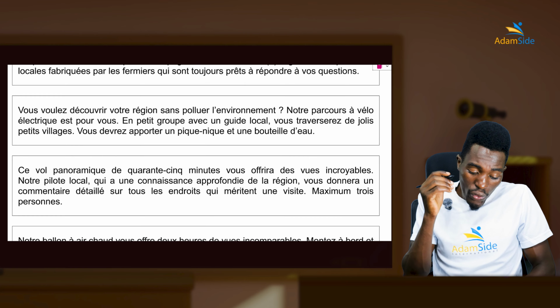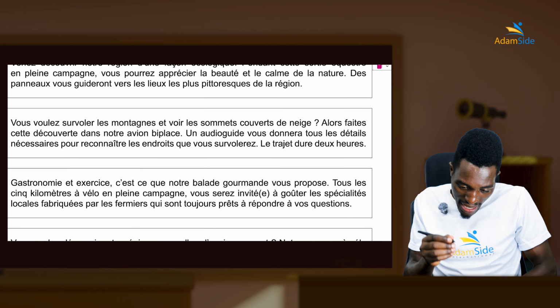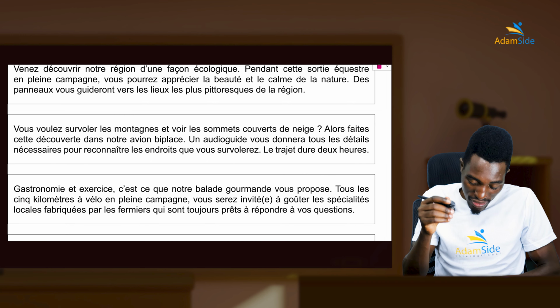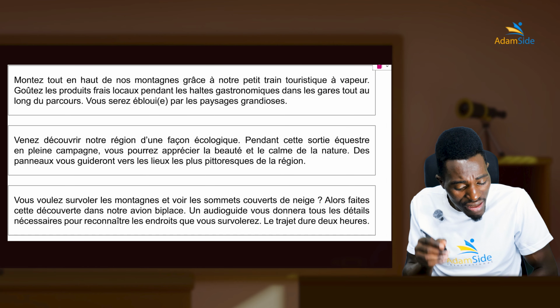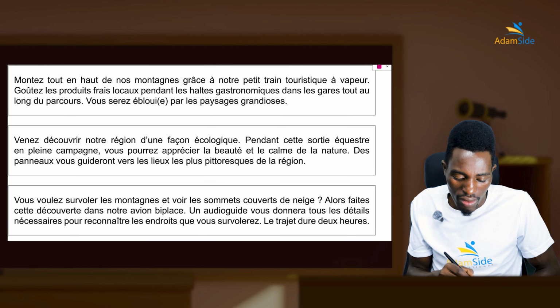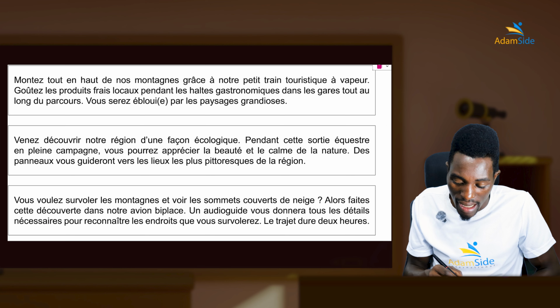So make sure you read the information of text A and the information of text B carefully. As I said, this question has to be the last when you are doing an IGCSE exam.